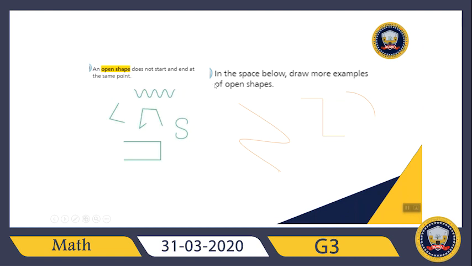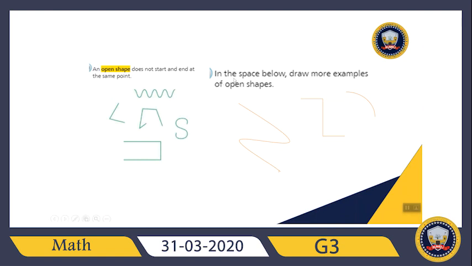It goes. These shapes also don't meet each other at the same point. They are going. Look, there is no finishing at the same point. This S is a shape, and it doesn't meet at the same point. You know, this is different from the others, and so we call it an open shape.